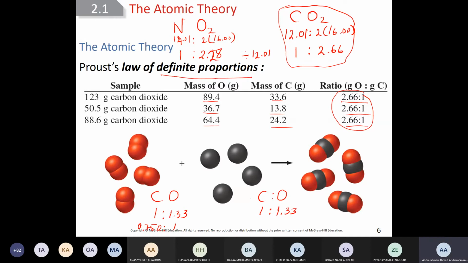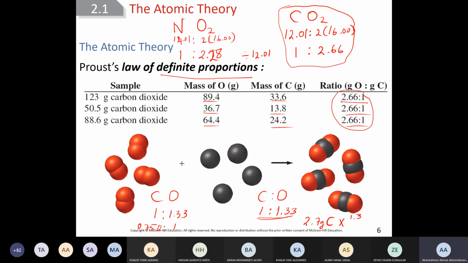Now, let's assume that I have CO compound and I found the mass of carbon to be 2.7 gram carbon. Then how many grams of oxygen must be in the compound? 2.7 times 1.33. I wanted to use conversion factor.